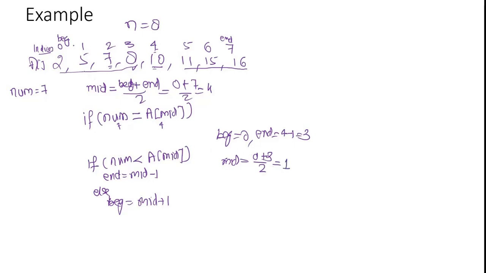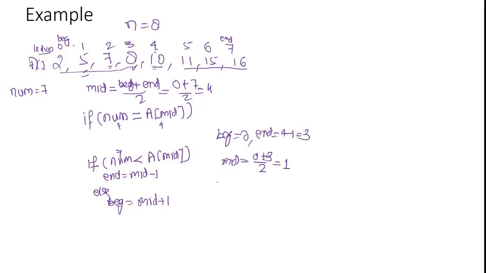Now check whether number is equal to A of mid, A of 1. No, number is not equal. So we will check whether number is less than. No, because number is 7. So this condition also becomes false. So this will run, the number is larger. So what do we have to do? We have to move beginning to mid plus 1.